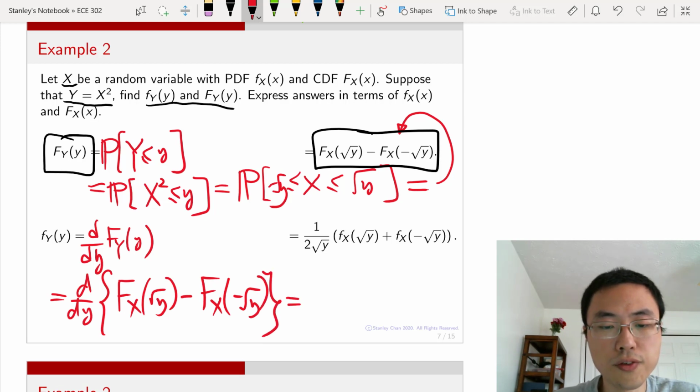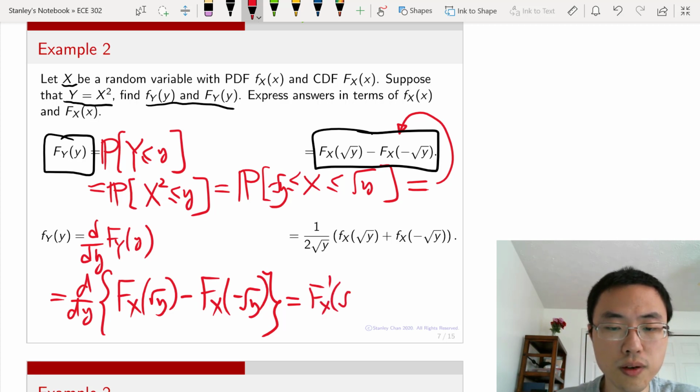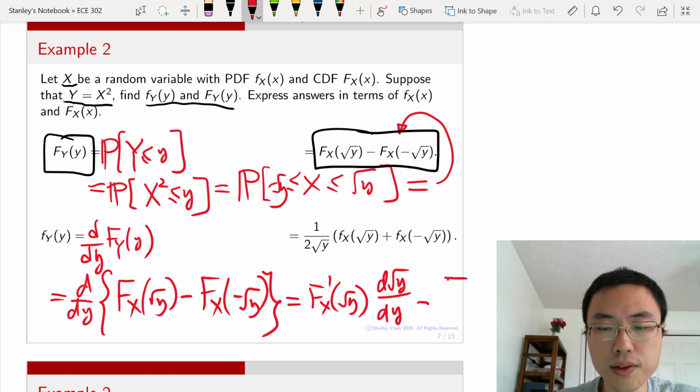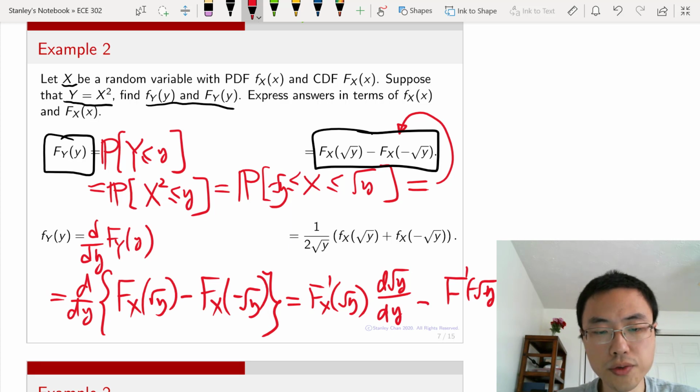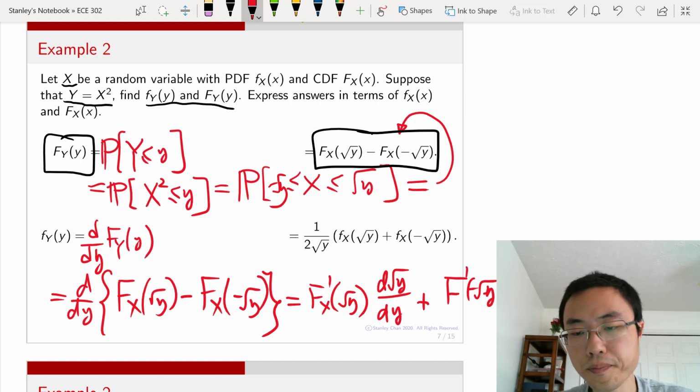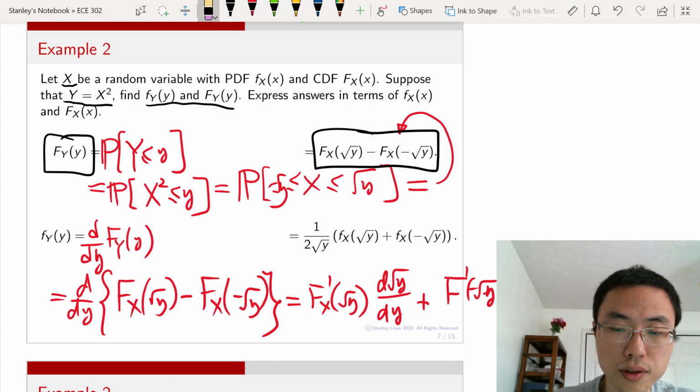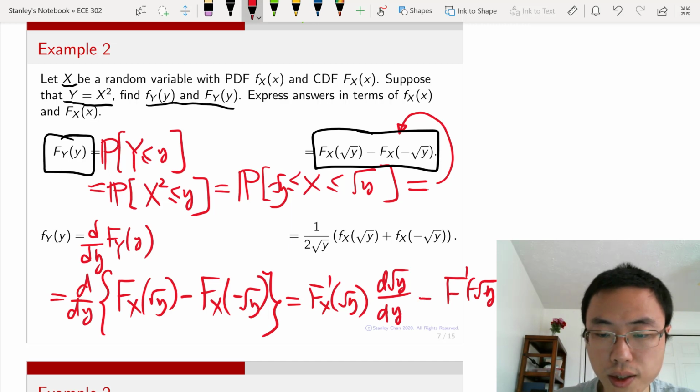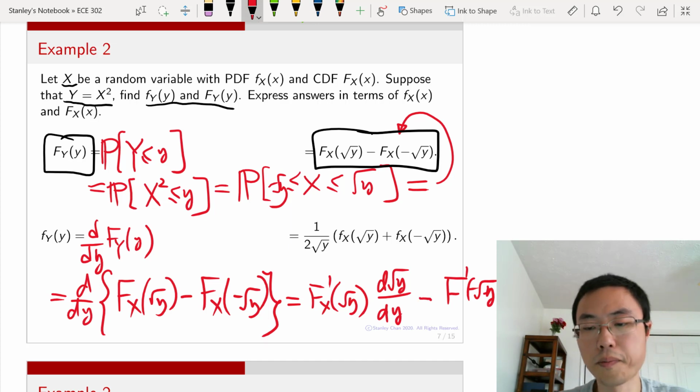Okay, and then now if you take the derivative by chain rule again, you will have f_X of square root of y, and then you have d square root of y over dy, minus f_X of minus square root of y. Now, because you have this minus sign here, you will get this plus sign, and then you have d/dy of square root of y. Of course, if you like to be a little bit more precise, you can have a minus here, and then you can put a minus there.